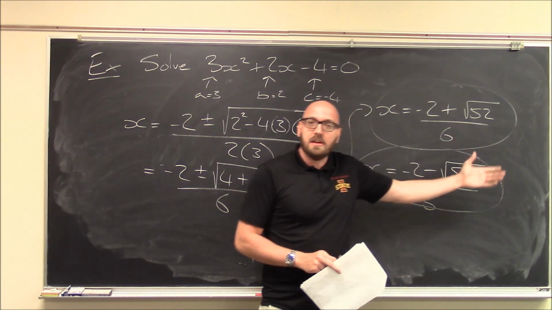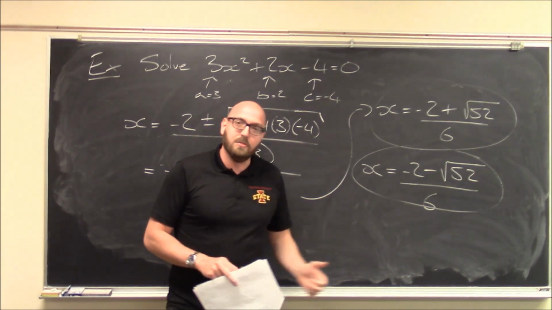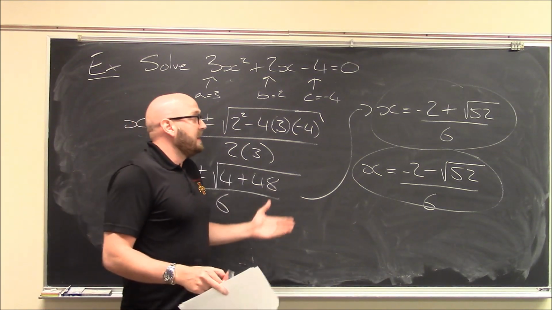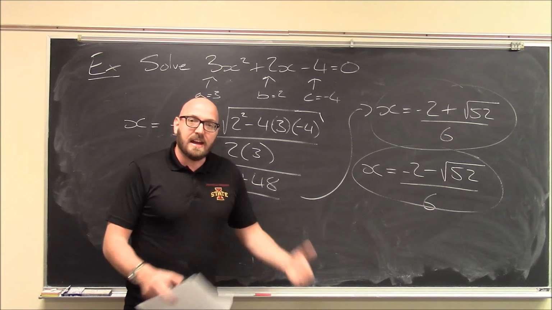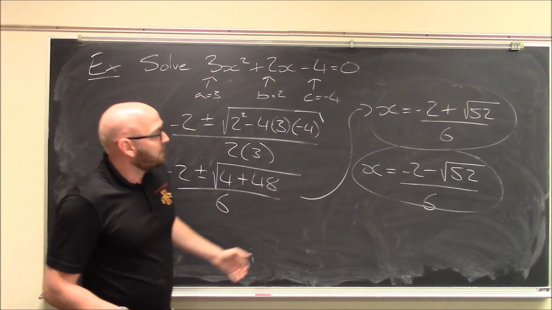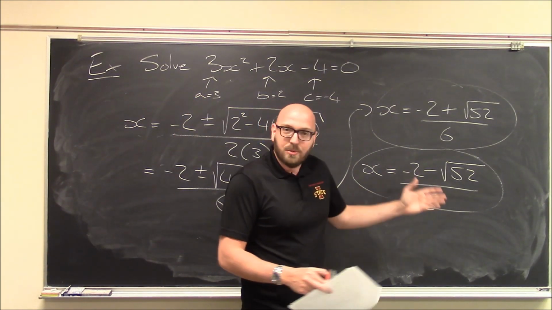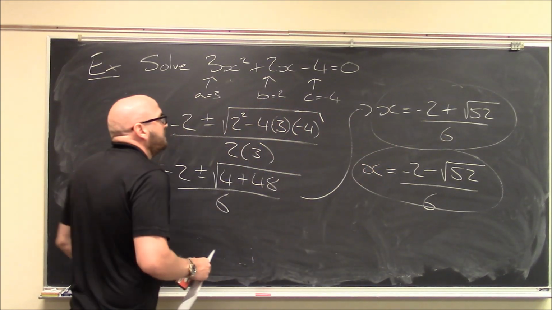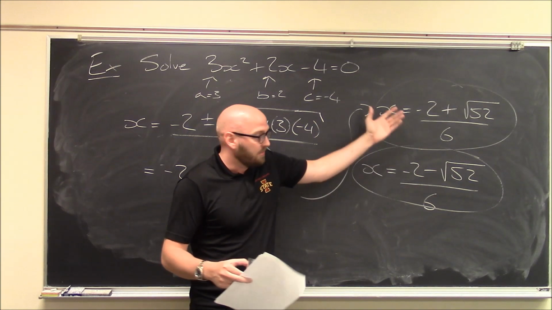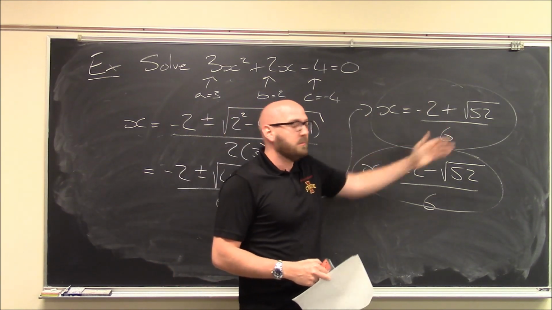You can put this in a calculator, it'll give you a decimal approximation out to as many decimal places as you want, but quite often MyMathLab does want the exact answer. So unless it specifies that a decimal approximation is okay, this would be the solution it's looking for. Well, both solutions really, but it wants it in the exact form.